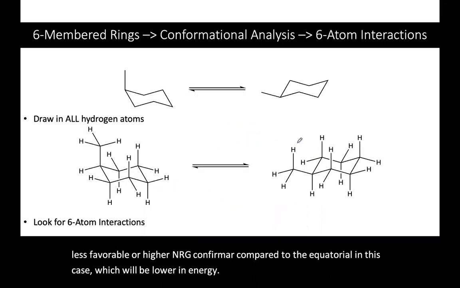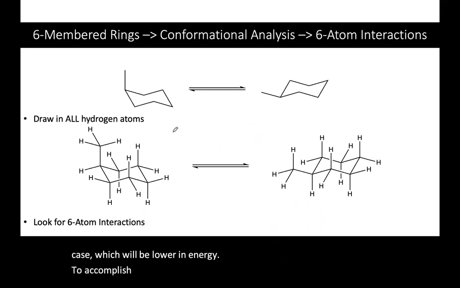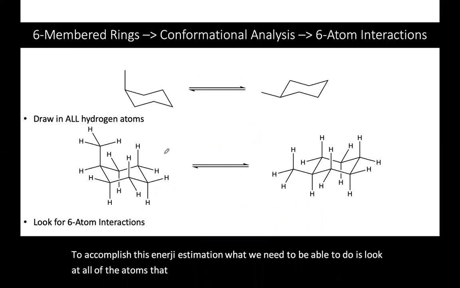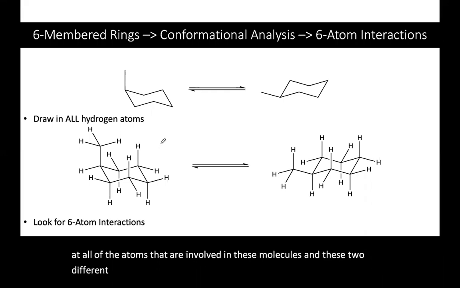To accomplish this energy estimation, what we need to do is look at all of the atoms involved in these molecules and these two different conformers, such that we identify ones that are bumping into one another or generating steric strain.